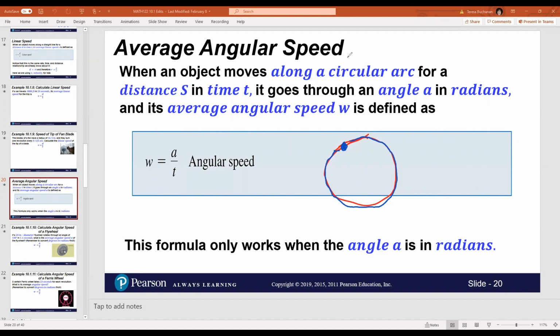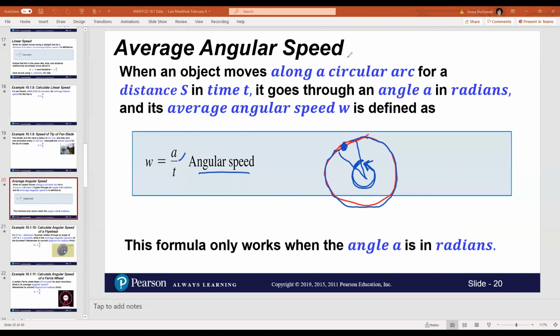That's one way to think about the speed, but another would simply be to say, how fast is the angle around the middle changing? As the fan blade moves around, what is the speed of the change in the angle? That's angular speed.